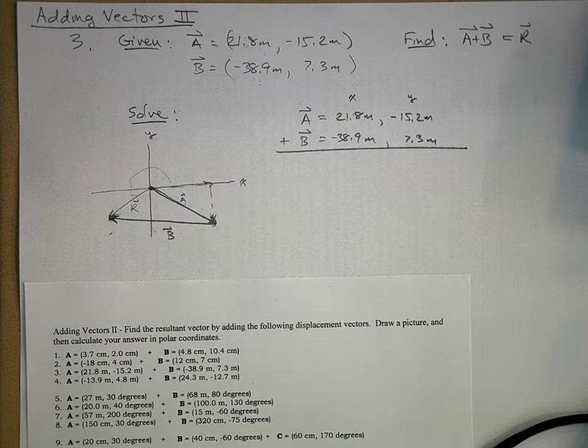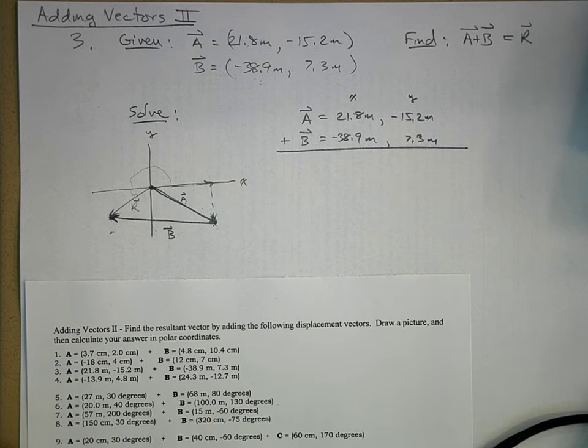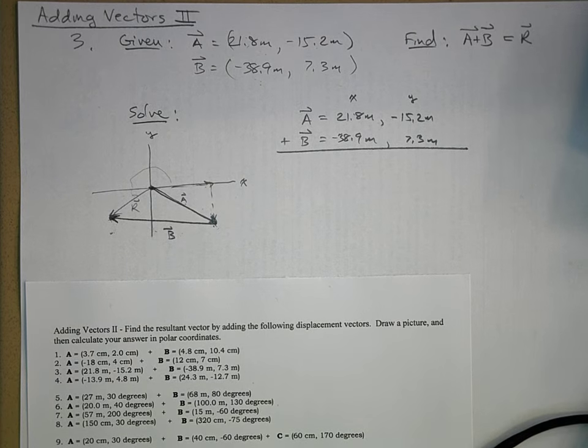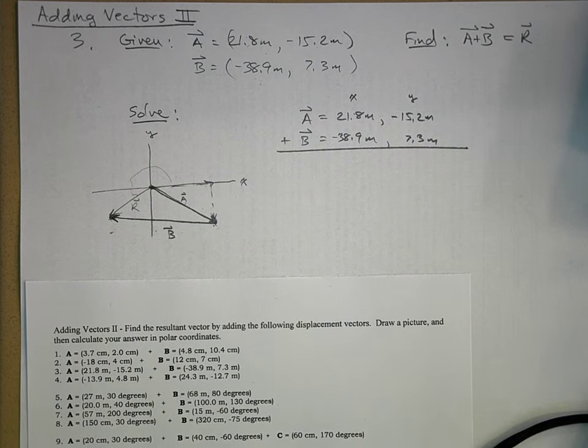They're not in polar coordinates, so I don't need to convert them. In the later problems, 5 through 9, I give you the vectors in polar coordinates, so you have to do an extra step. You have to convert to rectangular coordinates before you can add. If you add vectors in polar coordinates, you get something that makes absolutely no sense at all.